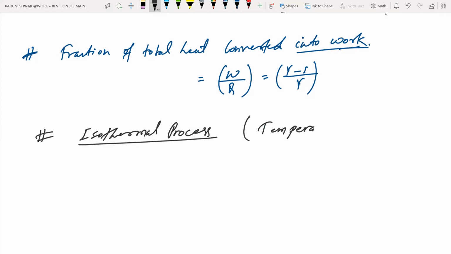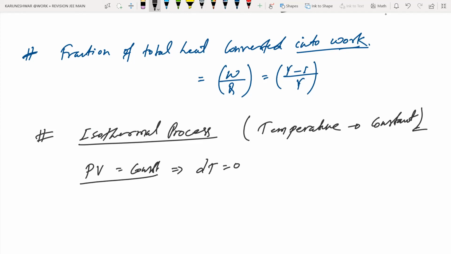If temperature is constant, then what parameters do you need to remember? PV is equal to a constant value, and dT will be 0. PV is constant because PV equals nRT, and n and R are constant values only. So if T is not getting changed, PV is constant.